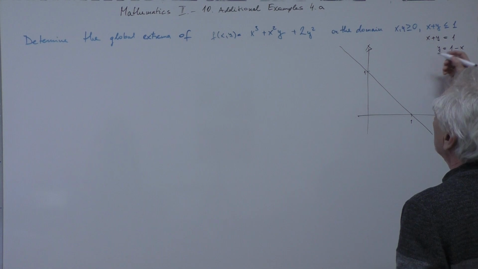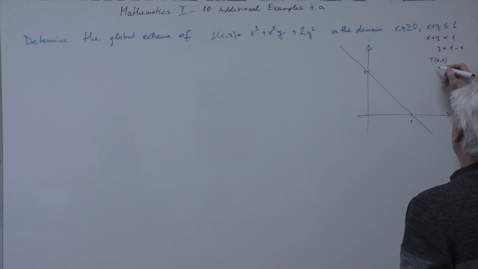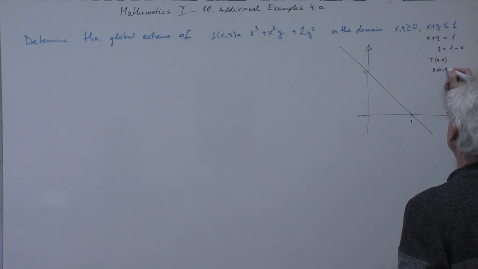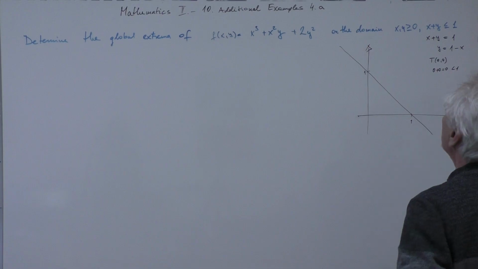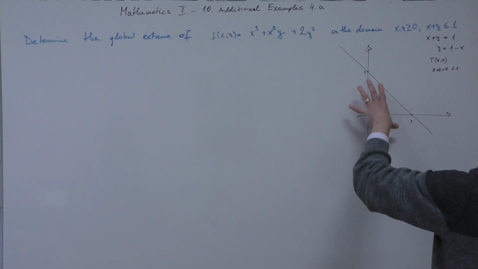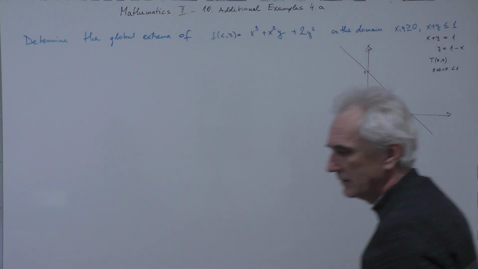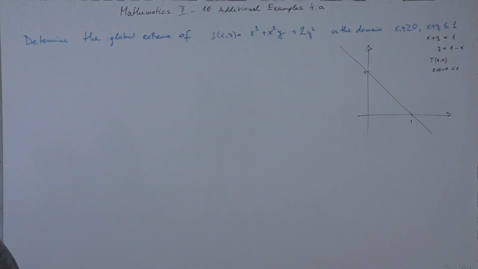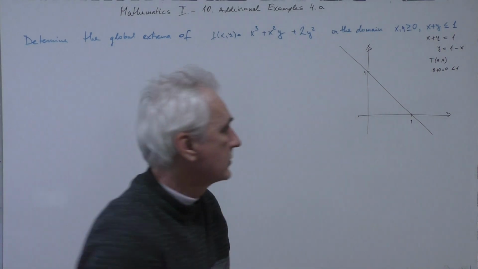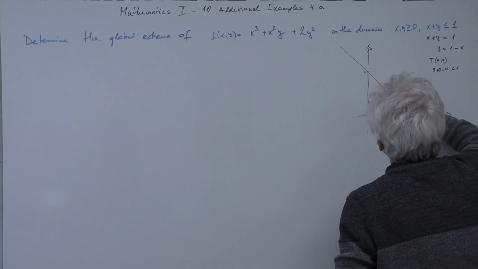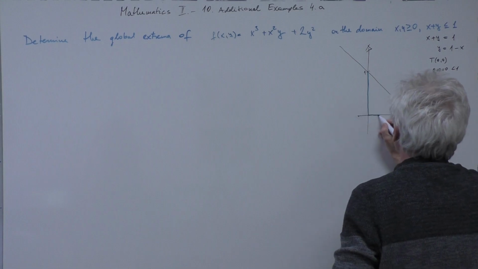So let's just pick a test point, 0, 0. Substituting back, 0 plus 0 is 0, which is clearly smaller than 1. So the region under the line satisfies the inequality, which means that the domain is this triangle with the sides as well.